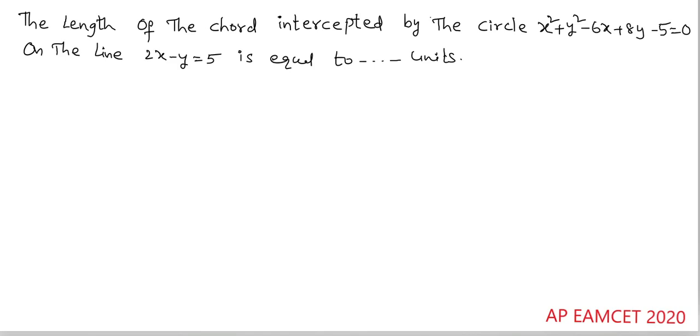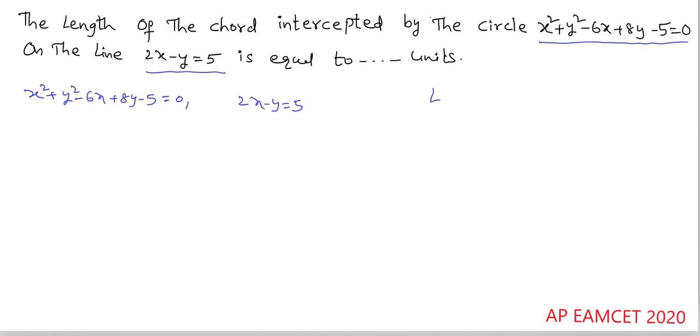The length of the chord intercepted by the circle x square plus y square minus 6x plus 8y minus 5 is equal to 0 on the line 2x minus y is equal to 5 is equal to dash units. It is given the circle is x square plus y square minus 6x plus 8y minus 5 is equal to 0. And the given line is 2x minus y is equal to 5.